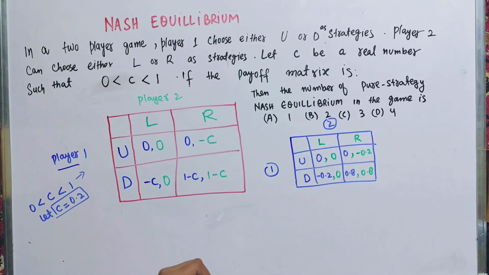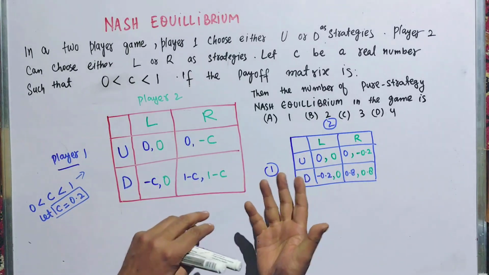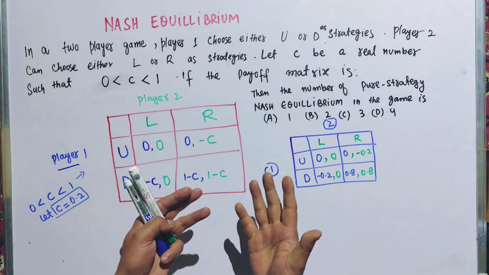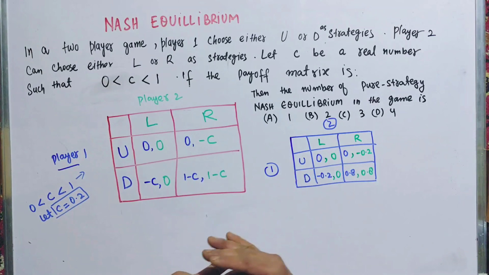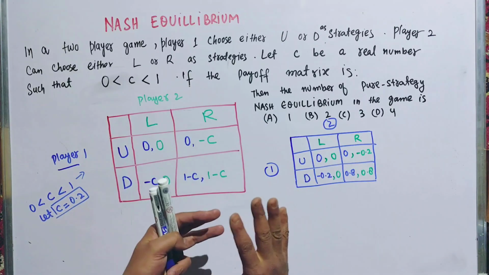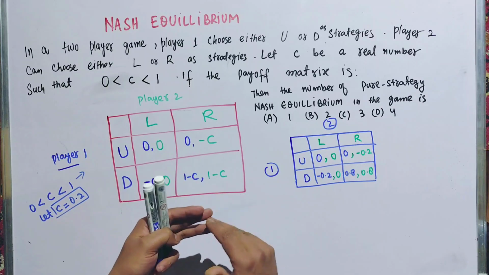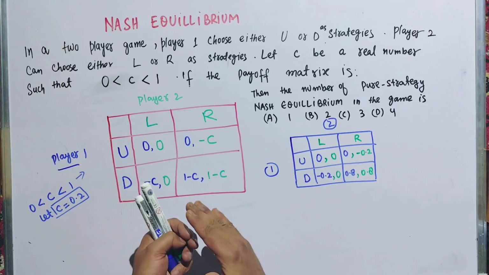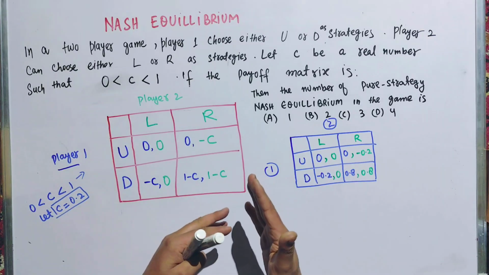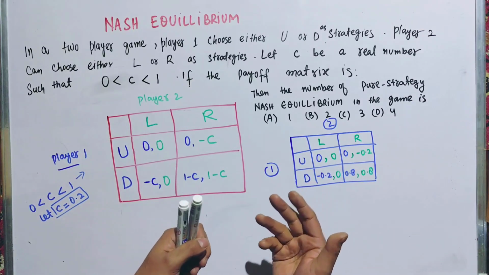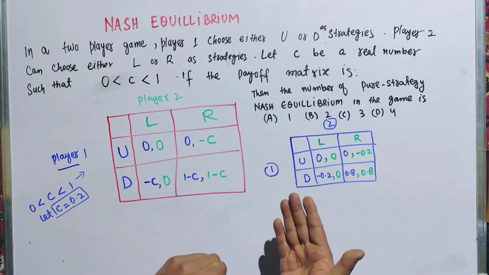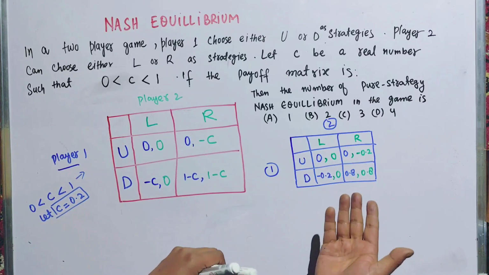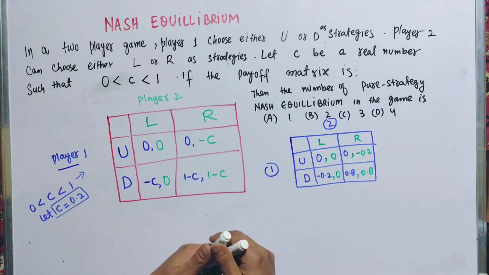Now what is meant by Nash equilibrium? Nash equilibrium is a set of strategies that players act out with the property that no player benefits from changing their strategy unilaterally. That is, Nash equilibrium is a strategy profile where no player has incentive to unilaterally deviate from their initial strategies. If they unilaterally change their initial strategy, then we will not have the Nash equilibrium.